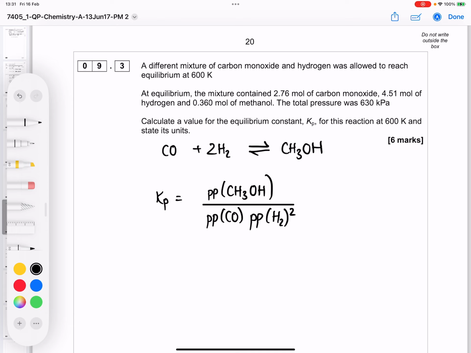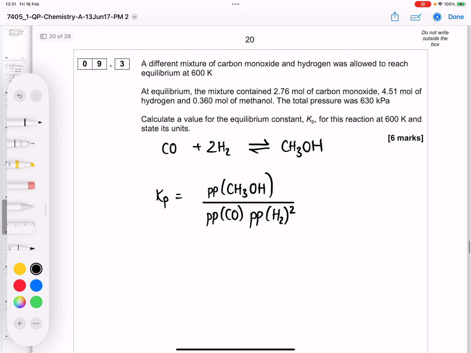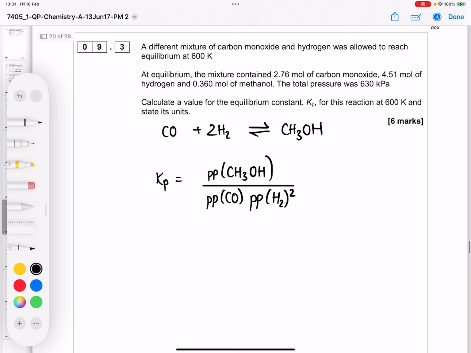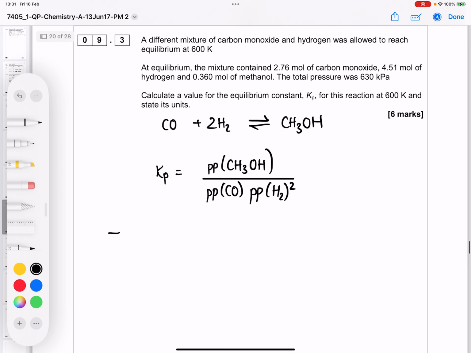And it's the hydrogen squared because there are 2 moles of hydrogen. Then it's given us the equilibrium amounts. What we'll need to do is add up the total moles, because to use these partial pressures we need mole fractions. So total moles, 2.76 plus 4.51 plus 0.36. The total moles is 7.63.